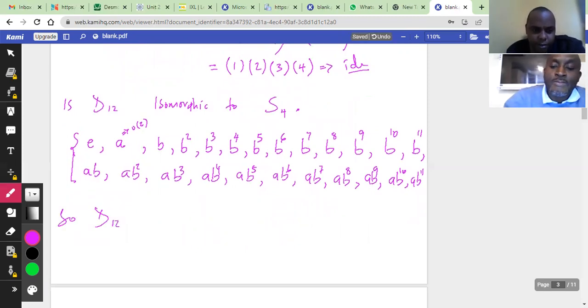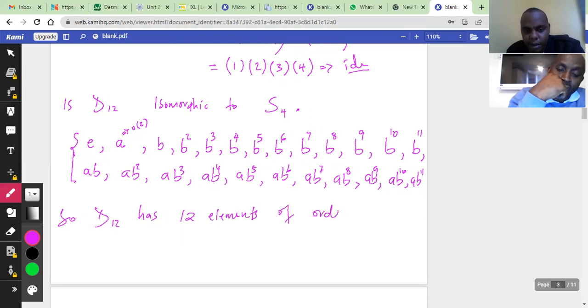So D12 has 1, 2, 3, 4, 5, 6, 7, 8, 9, 10, 11, 12 reflections. So it has 12 elements of order 2, because a reflection has order 2.